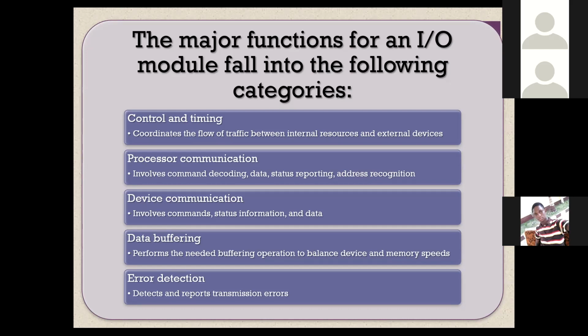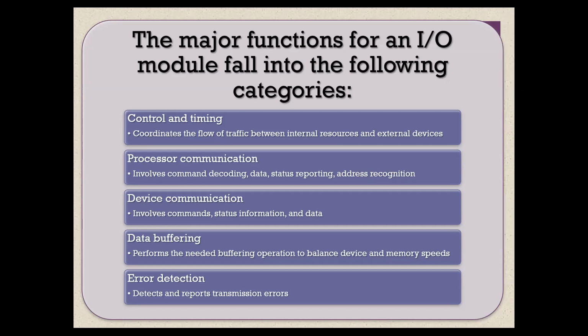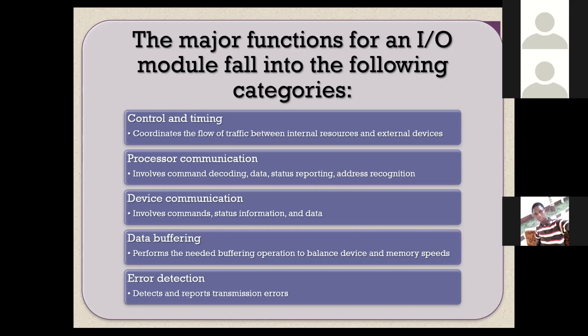Then the address recognition. Just as each word of memory has an address, so does each IO device. And this fact we know already. You recall when we talked about, I used the example of a pen drive. When you attach a pen drive, from a lay perspective, it will be installing, what do we call it? A driver.